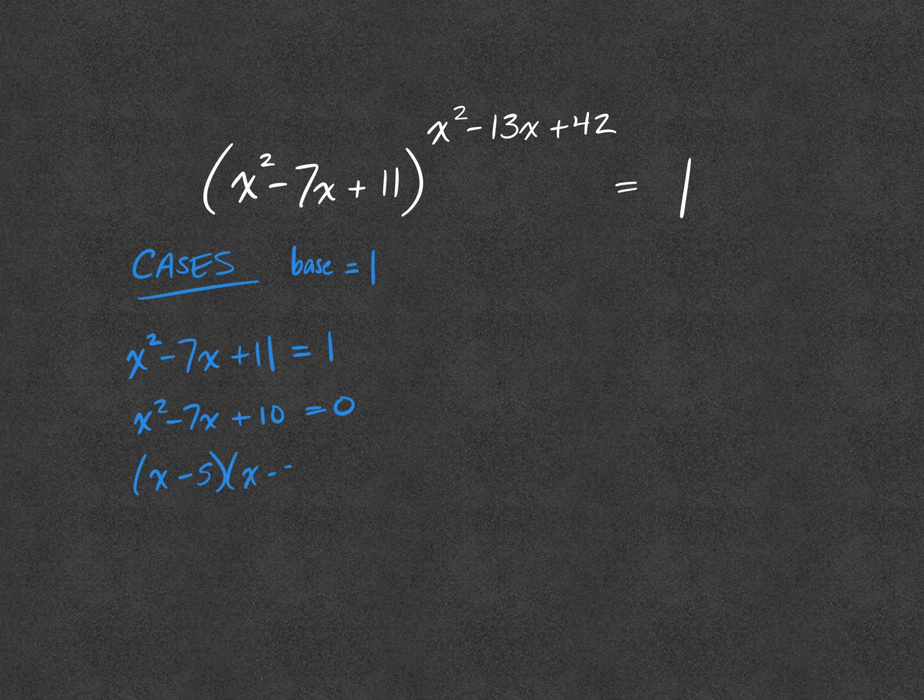I see that it does factor into x minus 5 times x minus 2. And therefore, I get a value of 5 from the first factor or 2 from the second. Nice. I just came up with 2 x values. Those x values make the base 1, and 1 to any exponent gives me a value of 1. We just solved for 2 values.